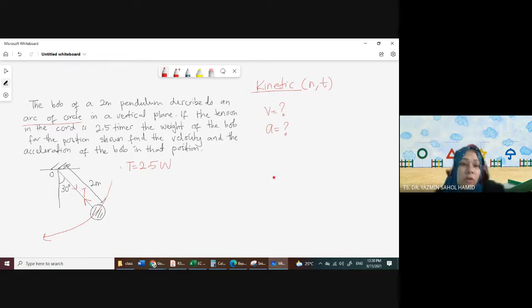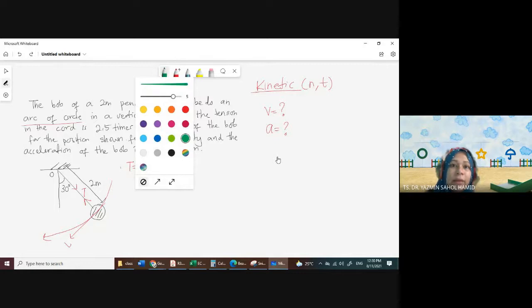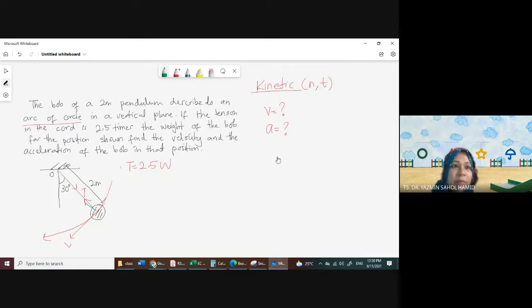So first you have to draw the normal and the tangential, which is the tangent. Okay, this is tangent. And then the normal is like this, right? Sekejap, I'll use another colour. Green? Okay. Why is it not neat? My hand is shaking.